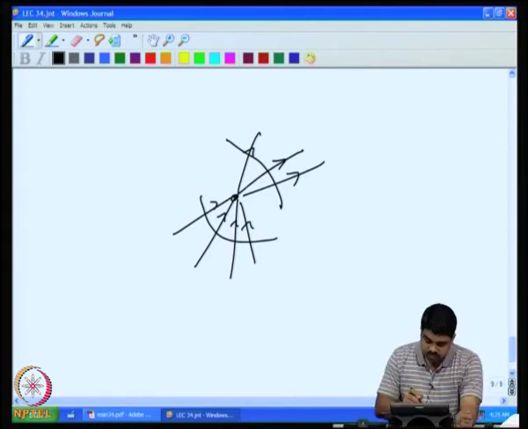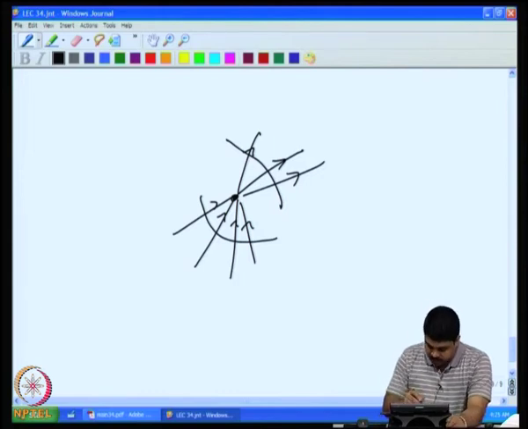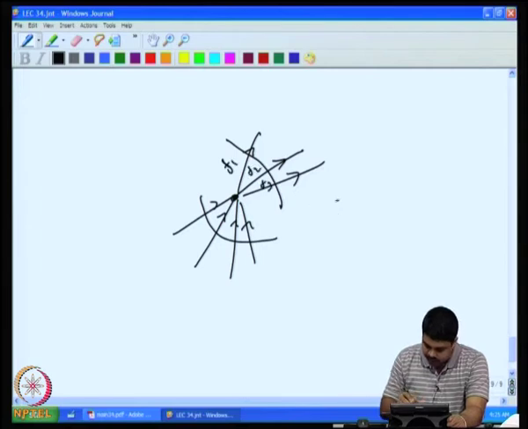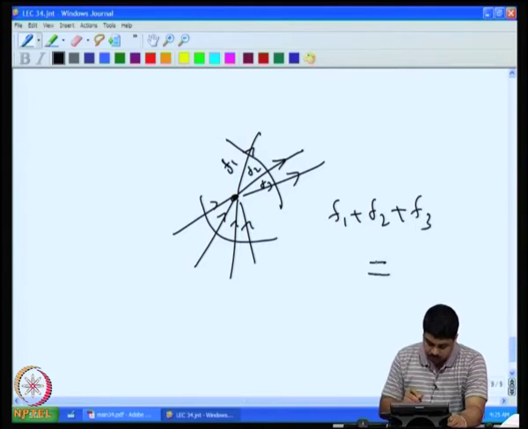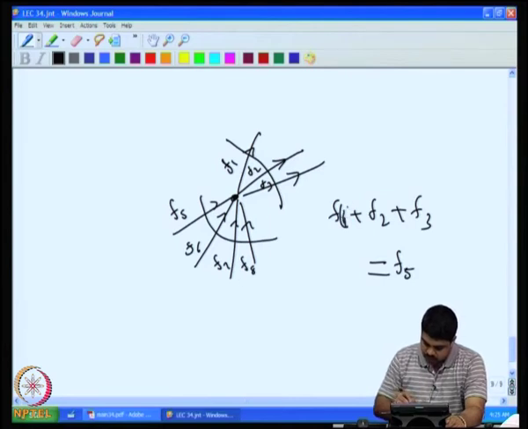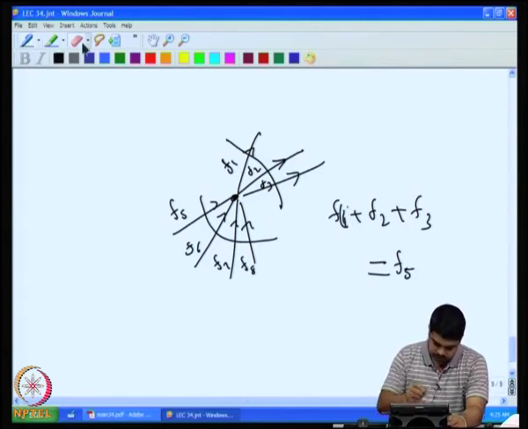But you see here the actual values need not be the same. Say, f1 plus f2 plus f3 has to be equal to, say, f5, f6, f7, f8. Or okay, maybe to be consistent, now let us do this.